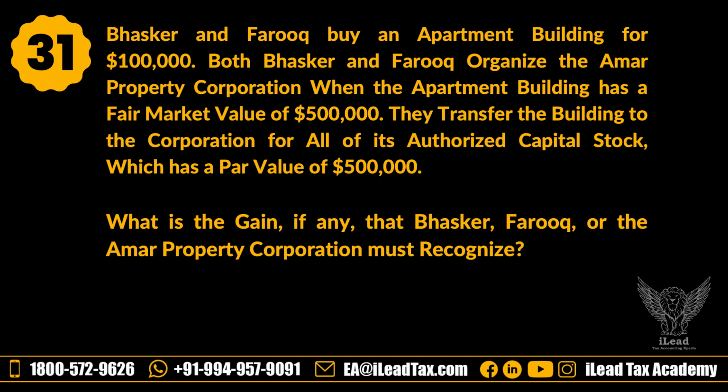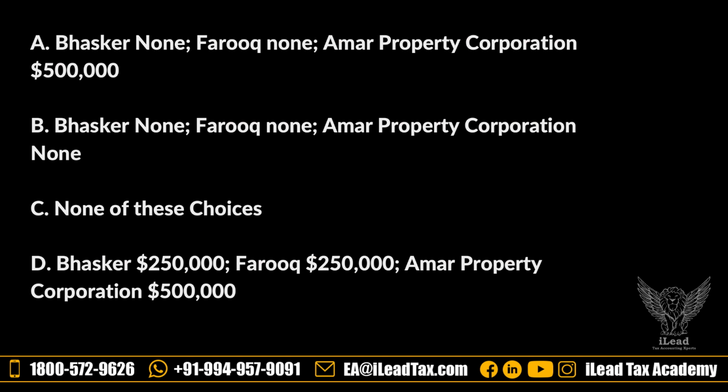So the options: option A, Bhaskar none, Farooq none, Amar Property Corporation 500,000. B, Bhaskar none, Farooq none, Amar Property Corporation none. C, None of these choices. D, Bhaskar 250,000, Farooq 250,000, Amar Property Corporation 500,000.